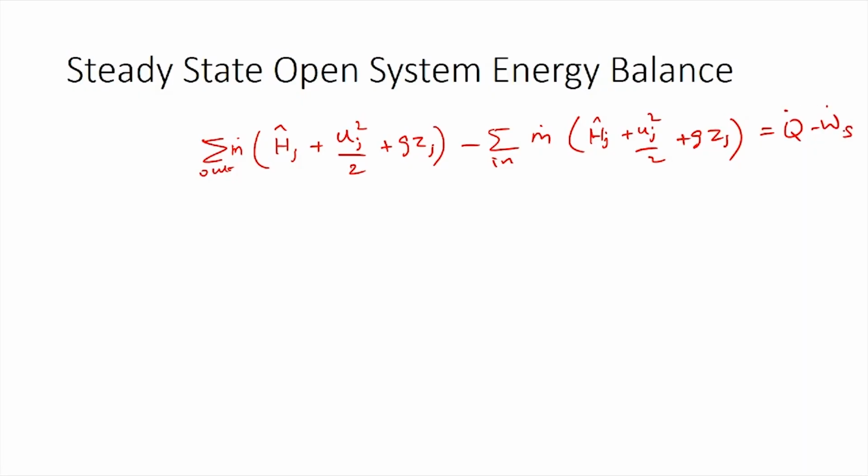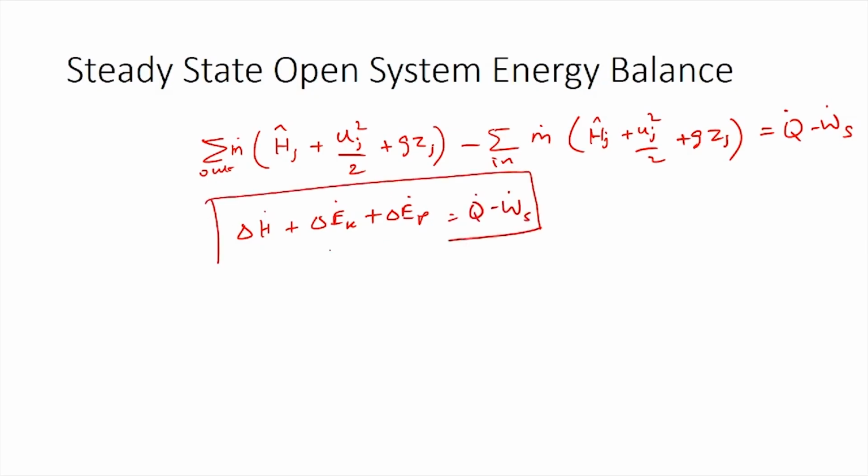From here we can basically simplify this equation as delta H dot plus delta Ek dot plus delta Ep dot equals Q dot minus Ws dot.